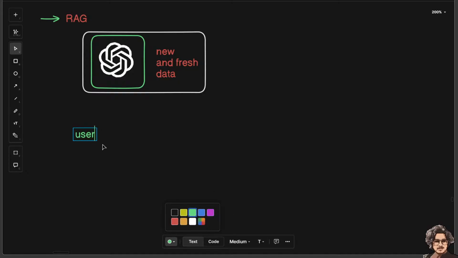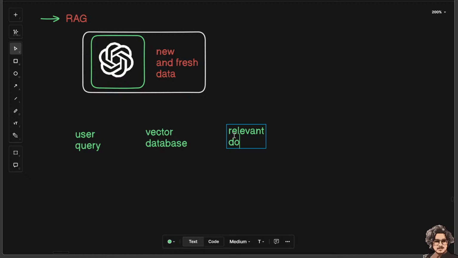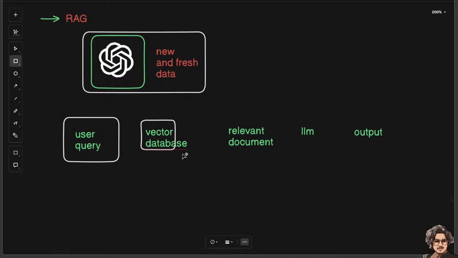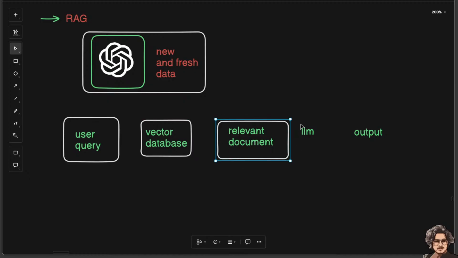There is the user query, after that we have a vector database, and we provide the relevant document to the LLM, and we get the output. So the user has a query, the vector database provides relevant documents to the LLM, and then we get the output.